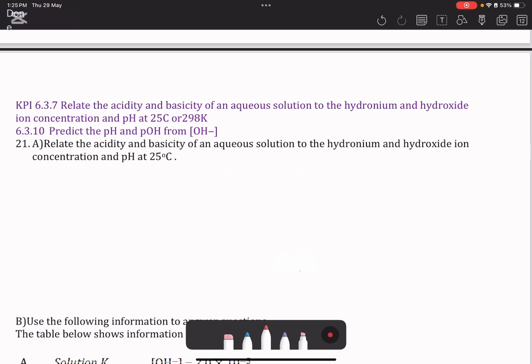Moving on, relate the acidity and basicity of an aqueous solution to the hydronium and hydroxide ion concentration and pH. Here they want to know how the concentrations of OH minus and hydronium ion, H3O plus, or simply H plus, it's the same, will affect the pH of a solution.